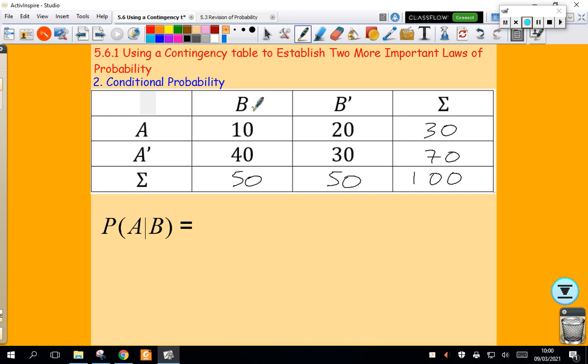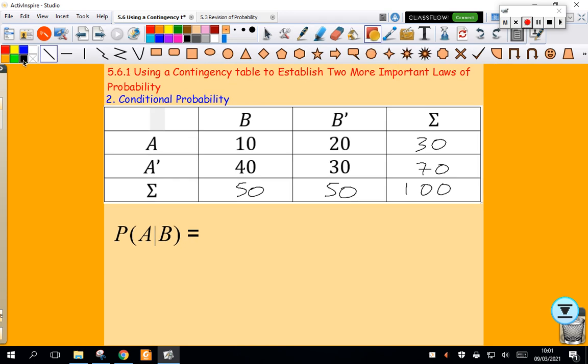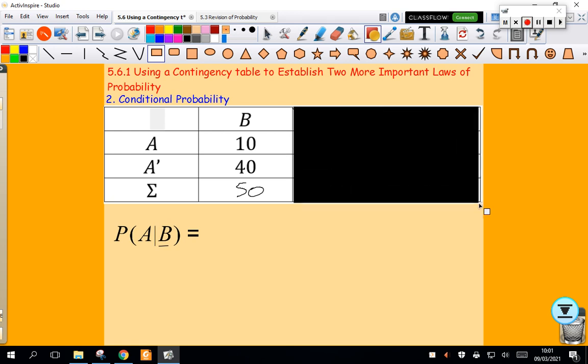Column B represents all the different outcomes in event B. So I'm trying to find the probability of A given B. One thing I'm going to do is discount all the things I'm not looking at first. I'm given that I'm dealing with B, so I'm given that I'm dealing with column B. Essentially I am ignoring everything else, so I'm only dealing with that column.